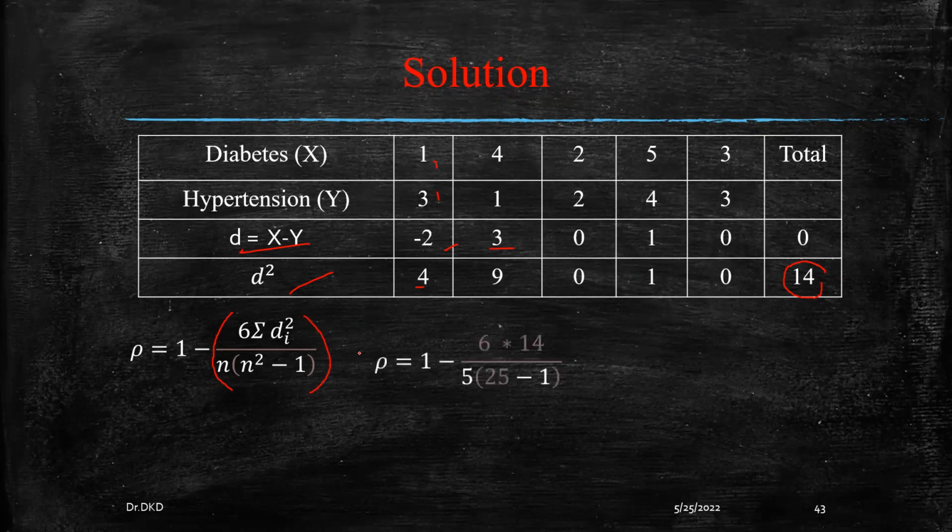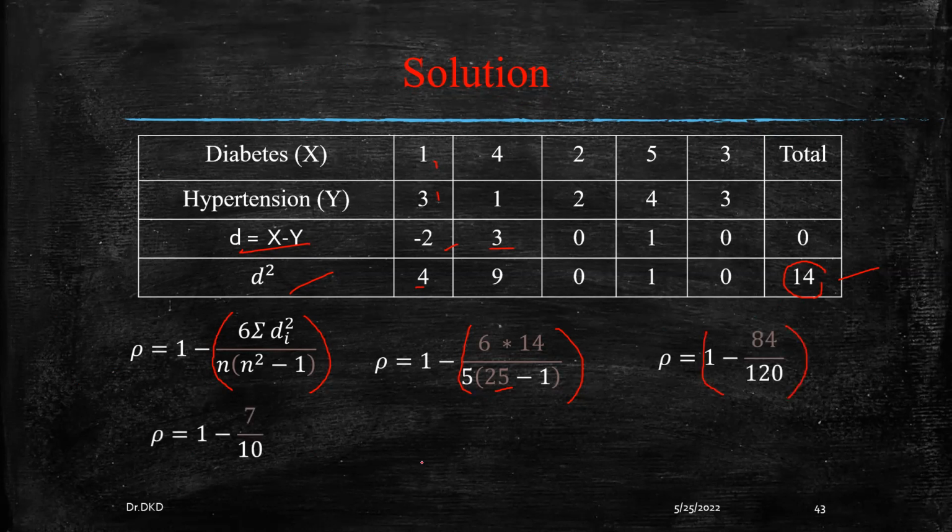So we will put the values here: 1 minus 6 multiplied by 14. This is summation di square, and then n is 5, 5 square is 25, minus 1, and we will calculate it. Then we get 1 minus 84 divided by 120.